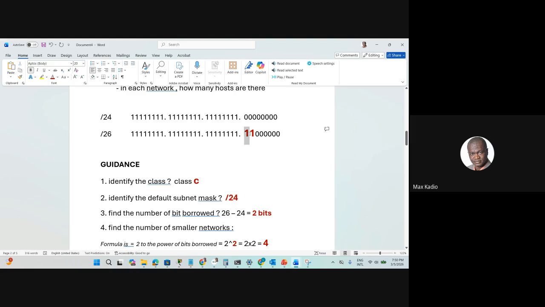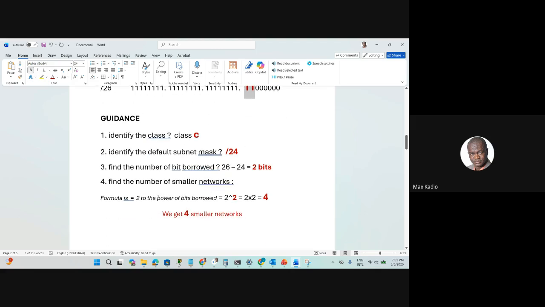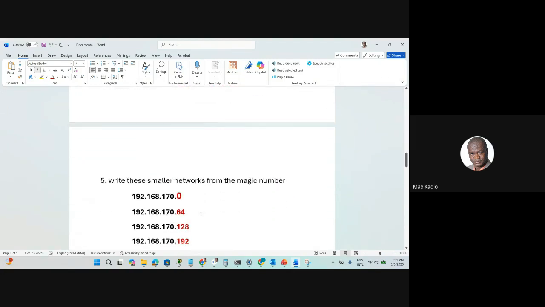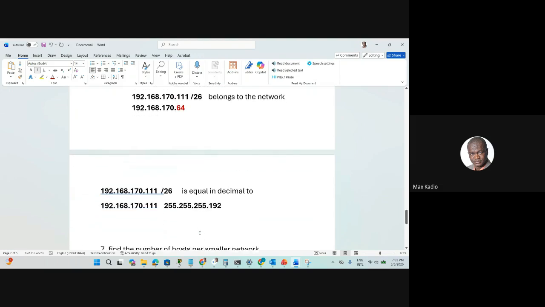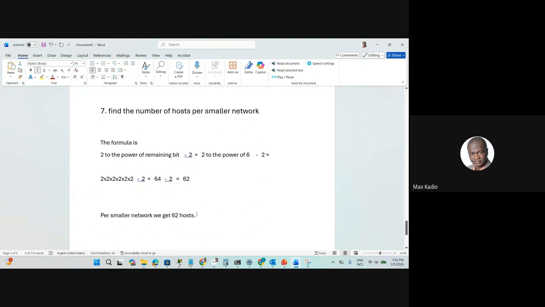As soon as you start borrowing or adding more, it means I have divided my big office into smaller offices. How many smaller offices? You have your formula. Now, per smaller office, how many PCs can I put there? I can put a maximum of 62 PCs, according to the question. You see, that's all.